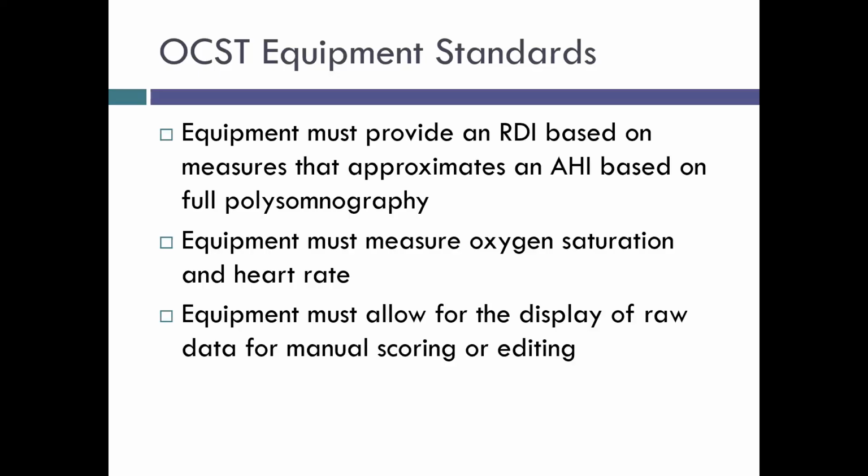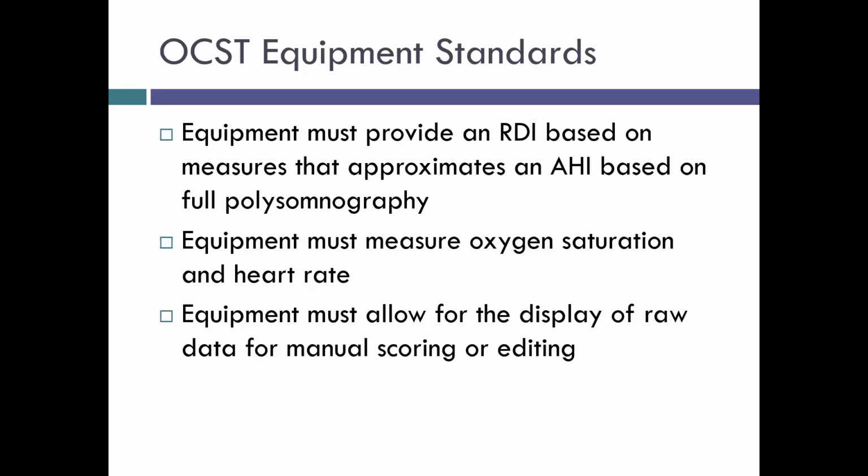So we cannot score RERAs. Because of that, you're really going off of the AHI, and you've all been going through these reports now. The AHI is generally pretty much always lower than the RDI, so it underestimates the severity of the patient's OSA as well.